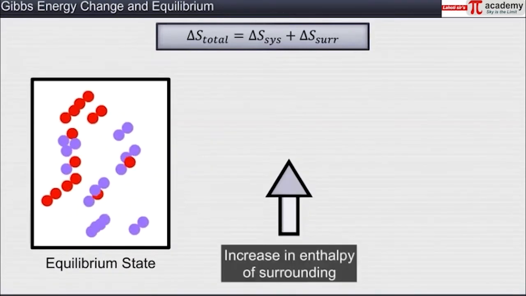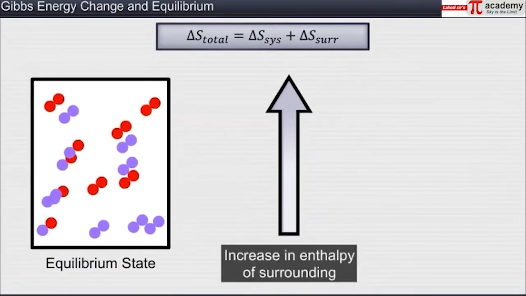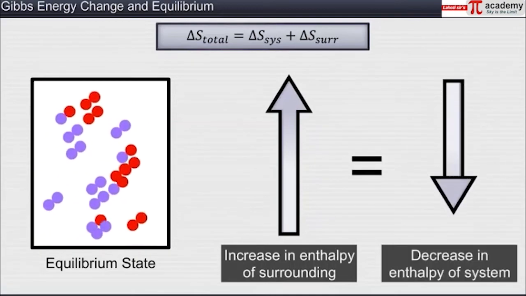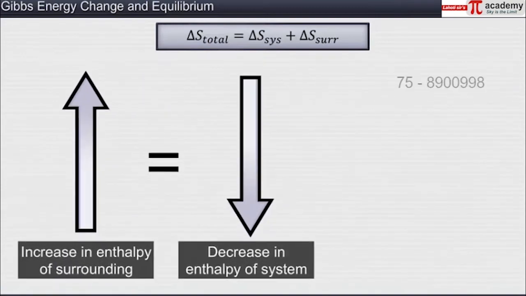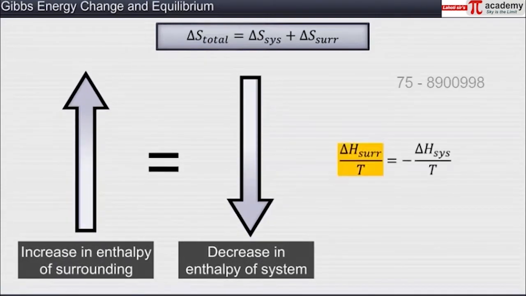We know that the increase in enthalpy of the surroundings is equal to the decrease in the enthalpy of the system. Thus, enthalpy change of the surroundings, delta H surroundings divided by temperature T, will be equal to the negative enthalpy change of the system, delta H system divided by temperature T.